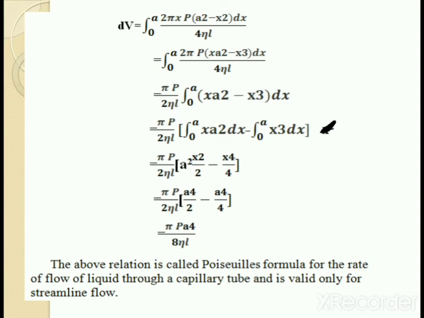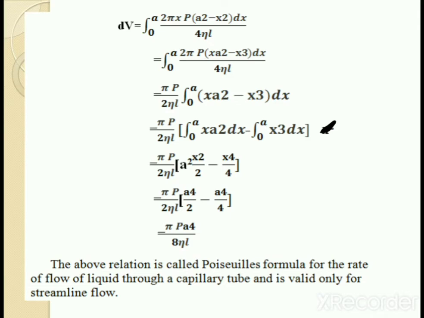Now the integration 0 to a of (x a² − x³) dx. At the next step we have to separate out the integration. So πP upon 2ηl, integration 0 to a of x a² dx minus 0 to a of x³ dx.